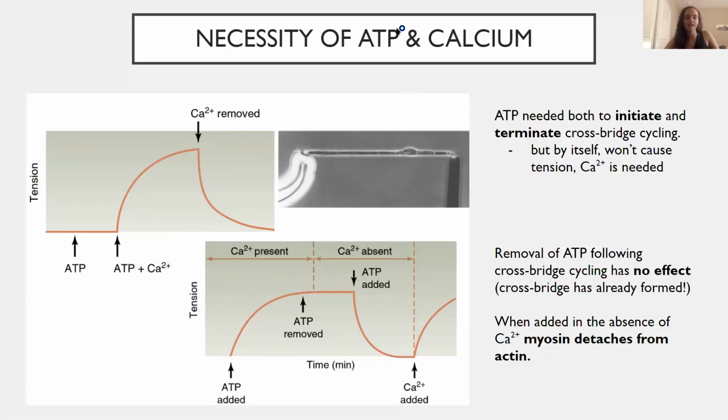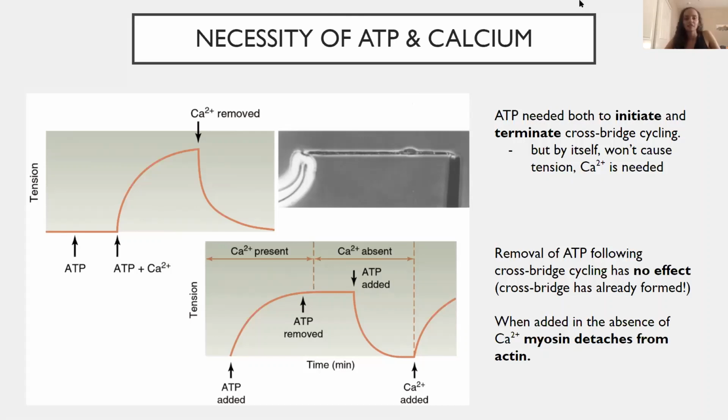In the presence of calcium, you would see high force, high tension, and then once you remove calcium from the system, the muscle goes back to baseline levels and it relaxes. So ATP is needed to initiate contraction and initiate and terminate cross-bridge cycling. But by itself, it won't cause tension because calcium is needed.